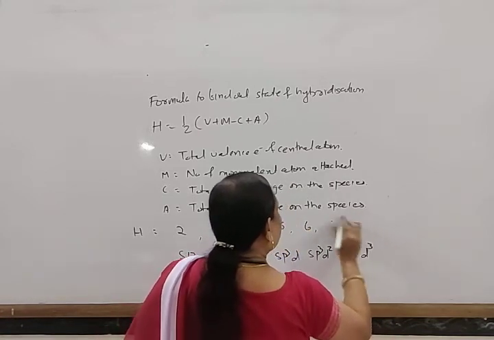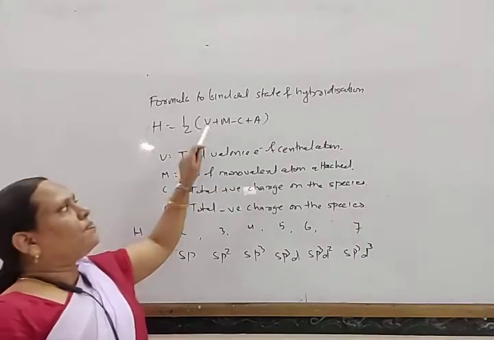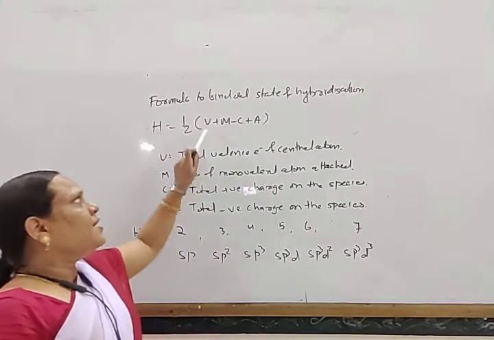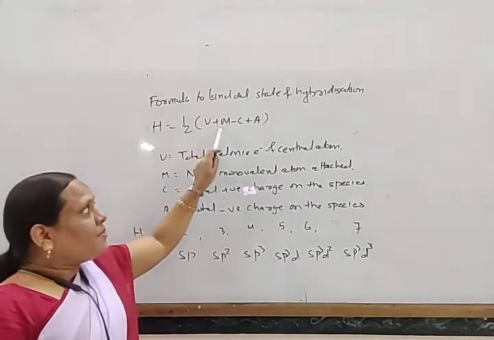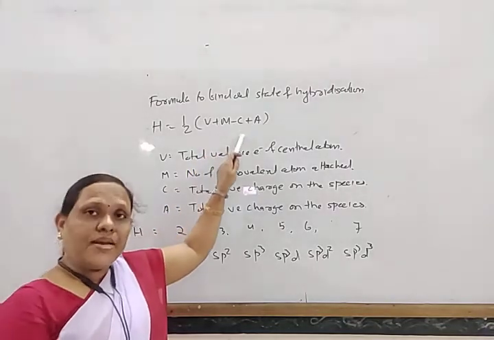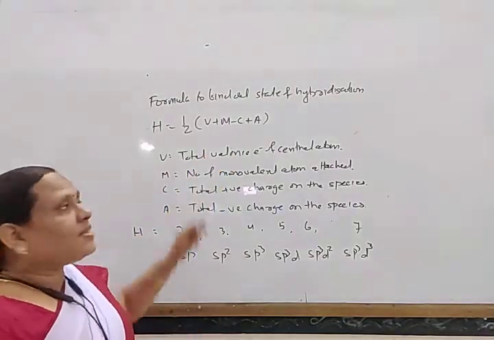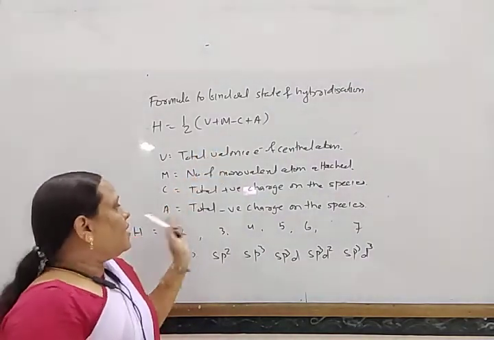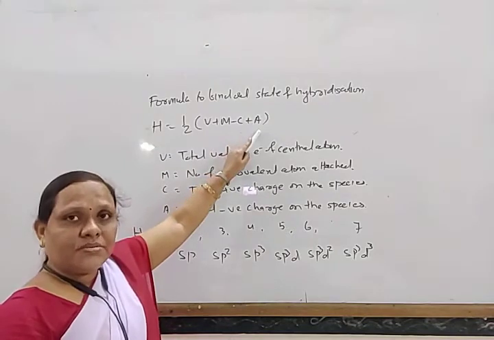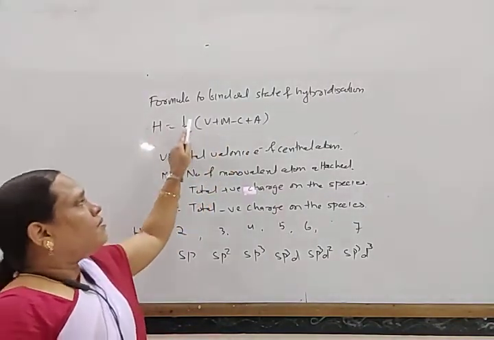So you put this formula, H equal to half V plus M minus C plus A. V is the valence electrons of the central atom and M is the number of monovalent atoms attached. C is the total positive charge present, which you have to subtract. And A is the total negative charge present, which you have to add. Then divide it by 2.